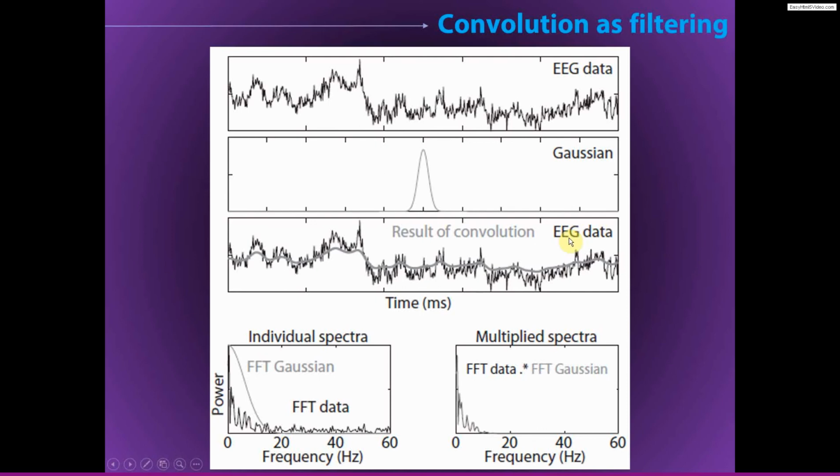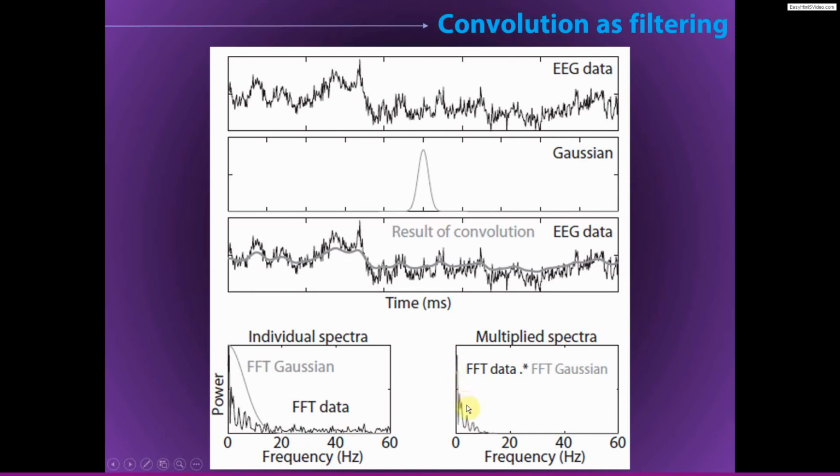Let's look at another example, but now with real EEG data instead of a pure sine wave. It's very similar to the previous example. We have our real EEG data here. We have a Gaussian in the time domain. And here we see the individual frequency spectra of the Gaussian and the EEG data in black. And now when we pointwise multiply these together, you can see what's happening. The lower frequencies are relatively preserved.